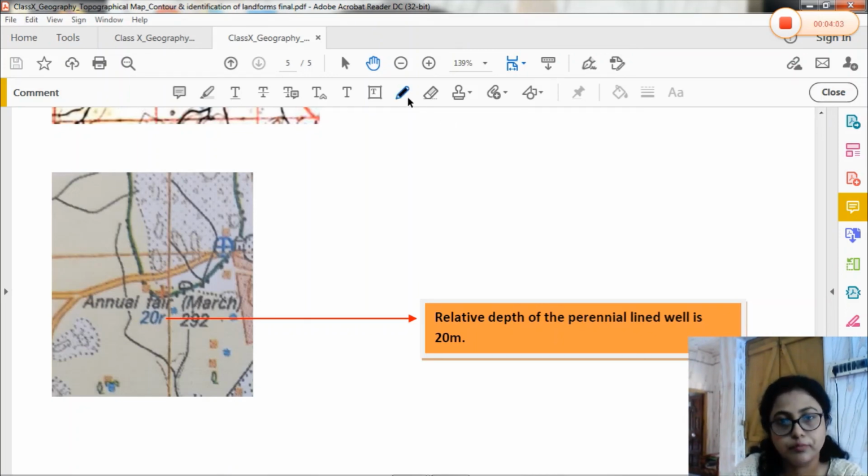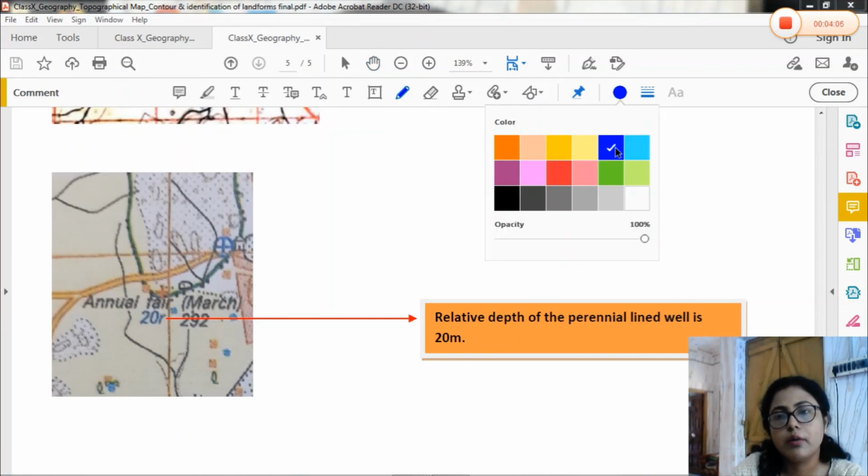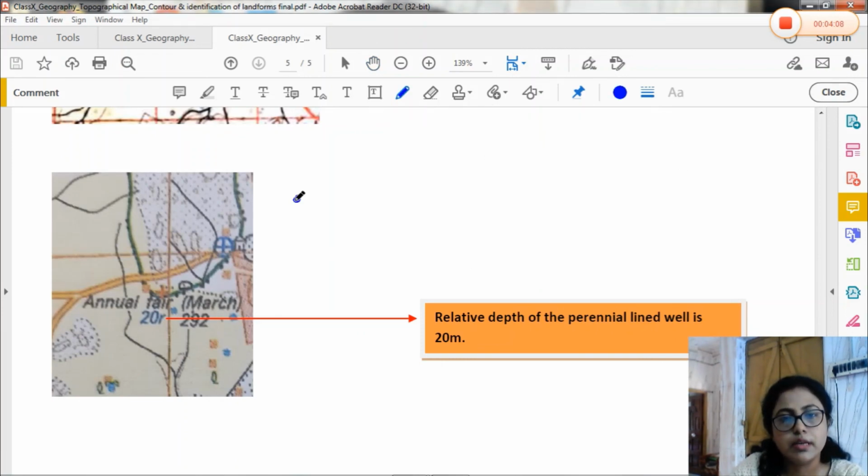What is the color of the lined well? The conventional symbol is a blue dot. Beside this blue dot it will be written 20R. So it shows the relative depth of the perennial lined well is 20 meters.